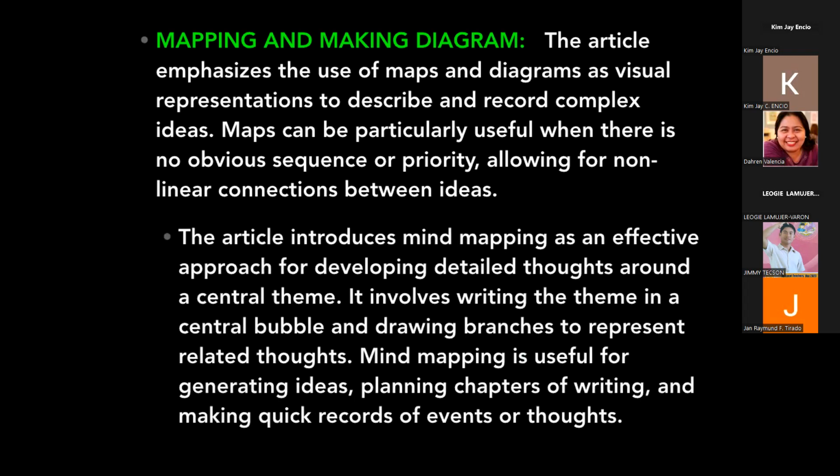The article introduces mind mapping as an effective approach for developing detailed thoughts around a central theme. It involves writing the theme in a central bubble and drawing branches to represent related thoughts. Mind mapping is useful for generating ideas, planning chapters of writing, and making quick records of events or thoughts.